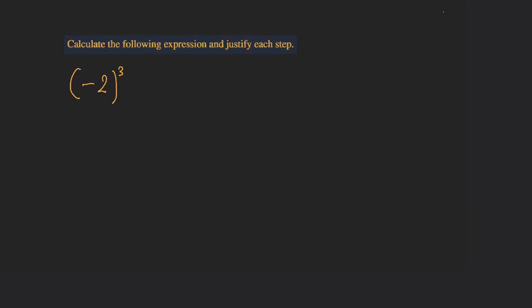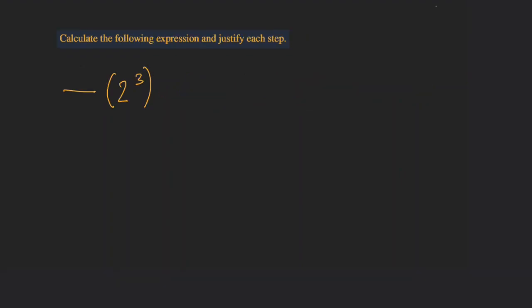By the definition of the third power, this expression equals minus 2 times minus 2 times minus 2, which equals minus 8. Since 2 cubed equals 8, the expression equals minus 8. Note that in this case, parentheses are not needed because powers have priority over subtraction.